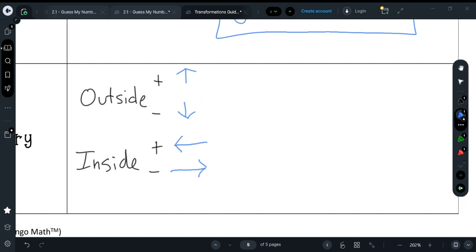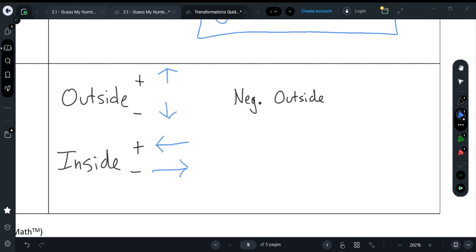We can just make a little note also about our reflections. So this comes from a negative, so we'll abbreviate it as negative on the outside, and this is a reflection in the x-axis, but we'll write this in a way that we can remember it, not using our vocabulary words.